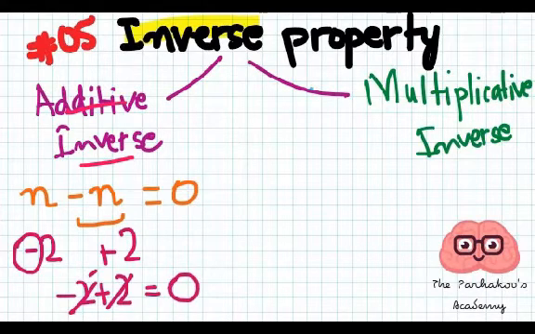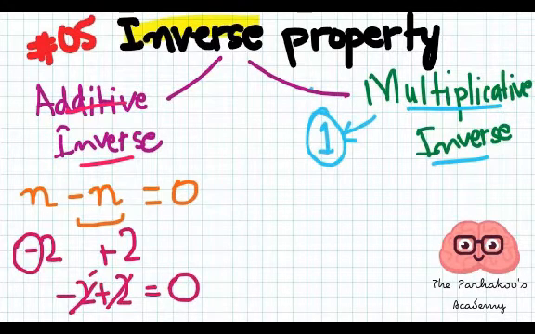The second kind of inverse is the multiplicative inverse. Multiplicative inverse is also a reciprocal or opposite of any number. So any number multiplied by its reciprocal gives 1.